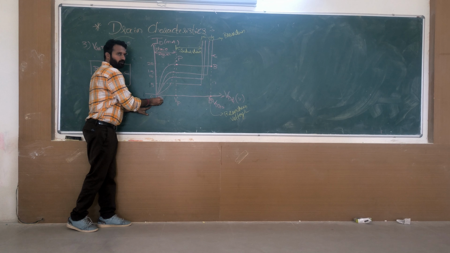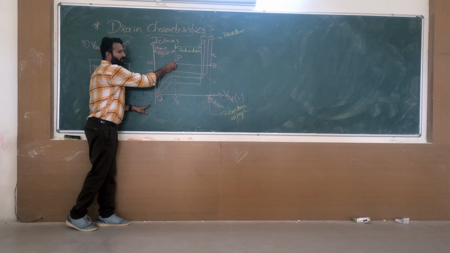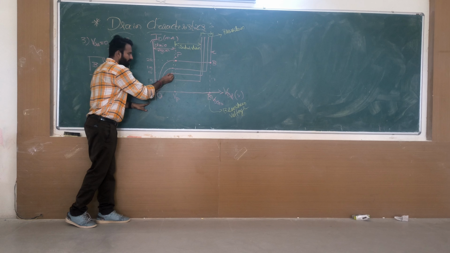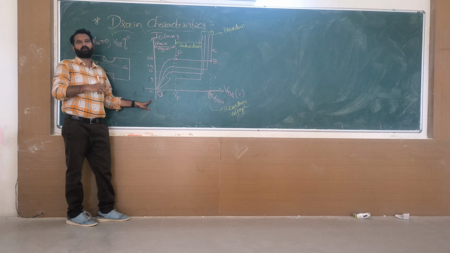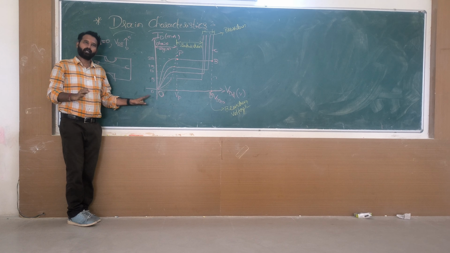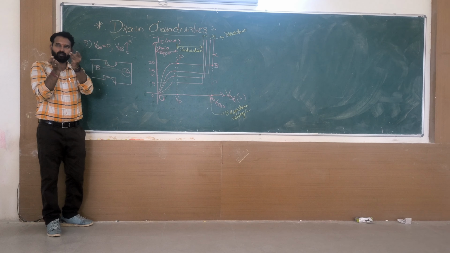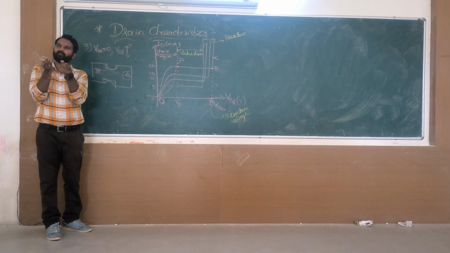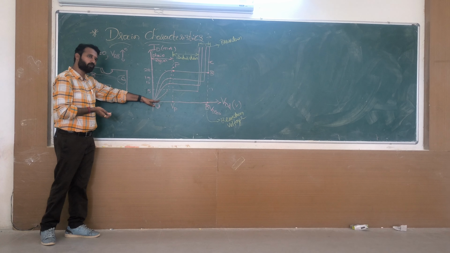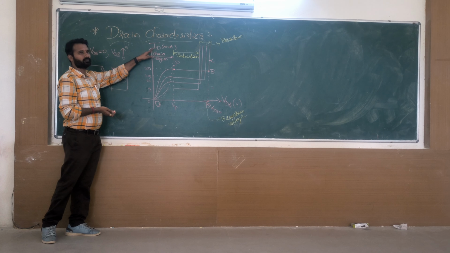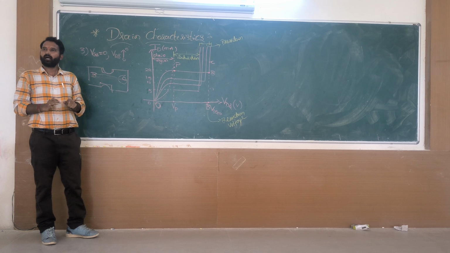This is O, not 0. This is O to P. The curve looks like a linear curve, increasing rapidly. Understandable? As VDS increases, the area of the channel decreases, which increases our output current, the drain current.